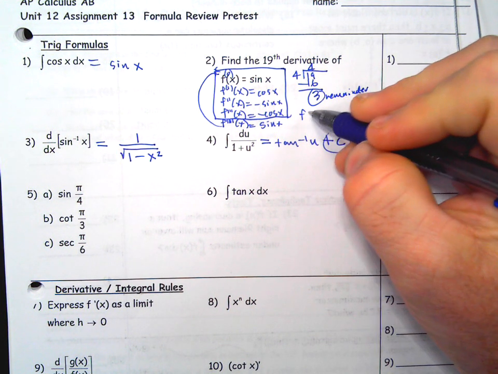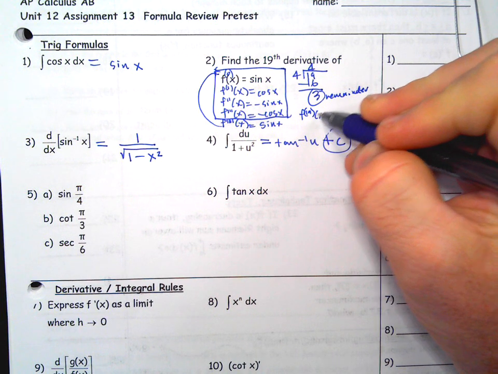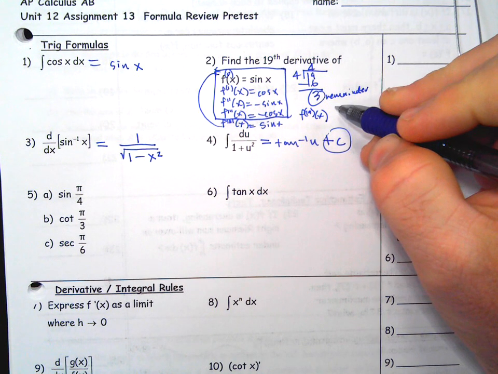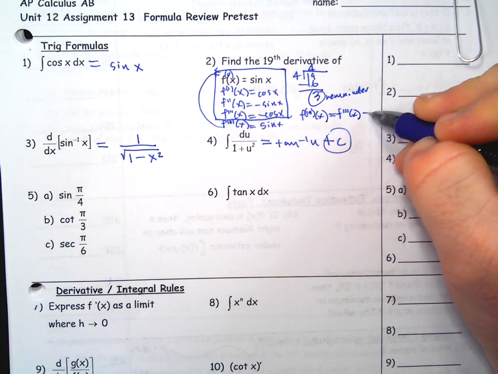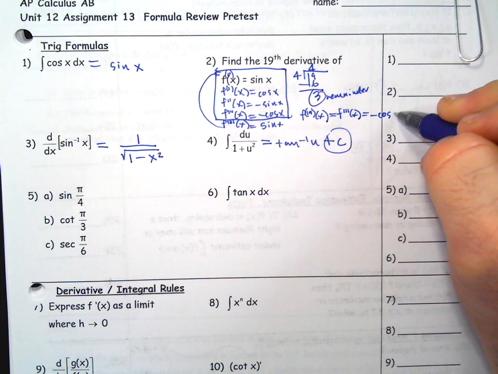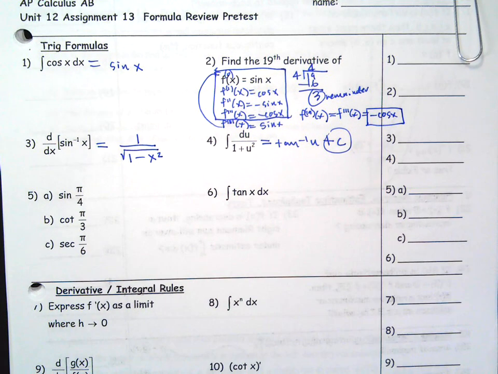So the 19th derivative, which a lot of times we'll write with a superscript inside parentheses, equals the third derivative, which is negative cosine x. Now, if you get a remainder of 0, that means you're at the 0th derivative, the original function.